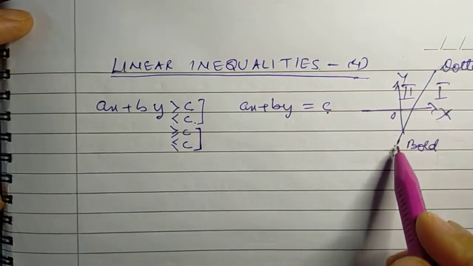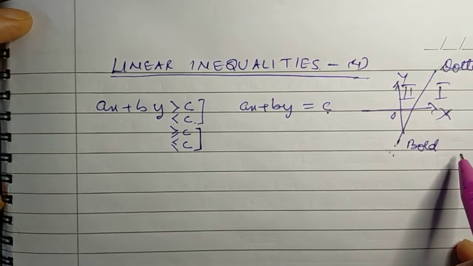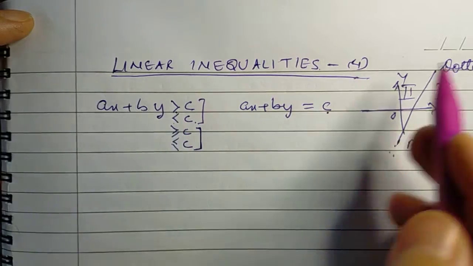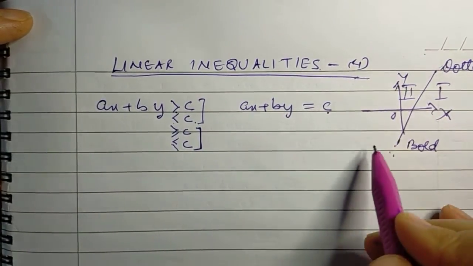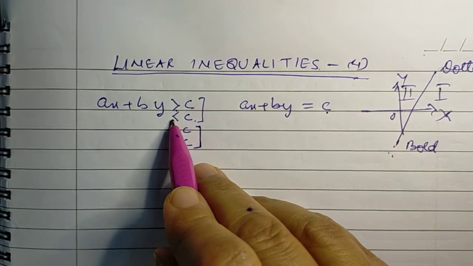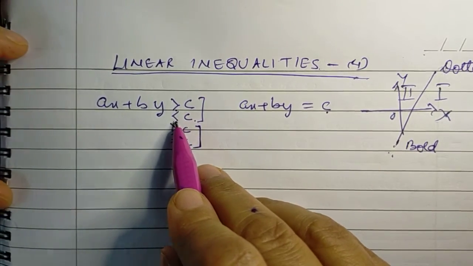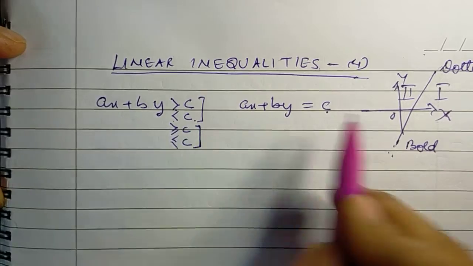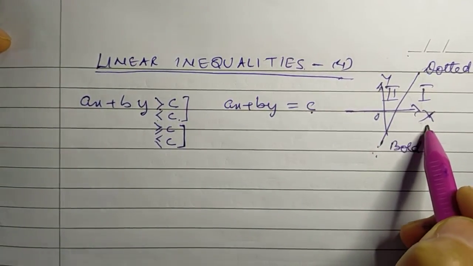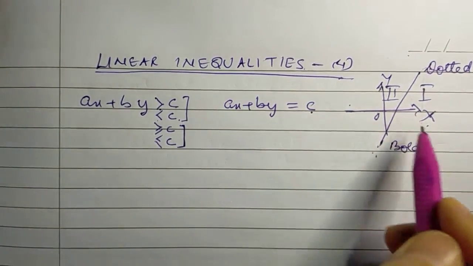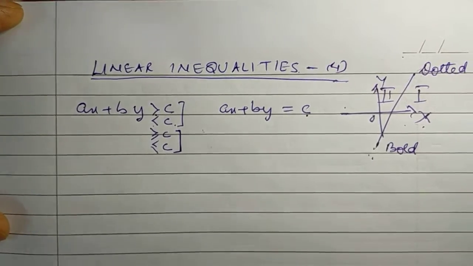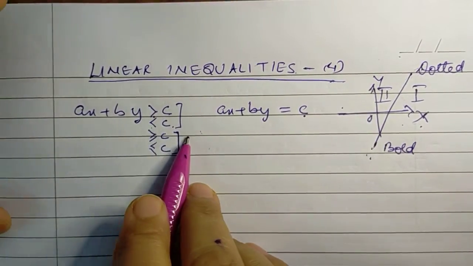All the points lying in one area would be the solution to the inequality greater than c, and all the points lying on the other area would be the solution to the corresponding inequality of less than c. There is no intermingling of points: no point on this side can satisfy the other inequality, and vice versa. So with this we had drawn various inequalities in two variables.